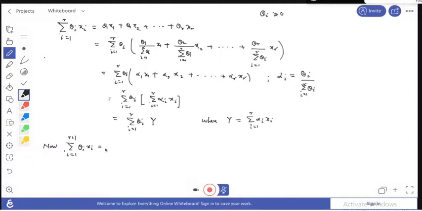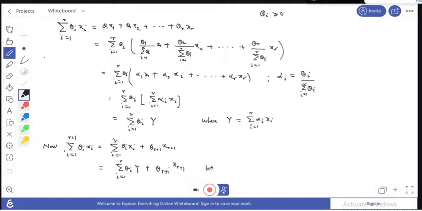This equals the sum i equals 1 to r of theta i xi, plus theta r plus 1 x r plus 1. So this summation equals the summation i equals 1 to r of theta i y, plus theta r plus 1 x r plus 1.